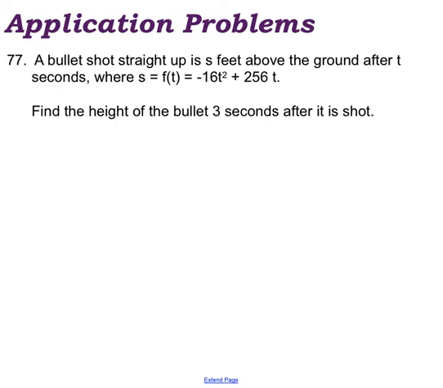And we need to find the height of the bullet after 3 seconds. They tell us in the problem t is the number of seconds. So that means we have to take this function and plug in a 3 for t.